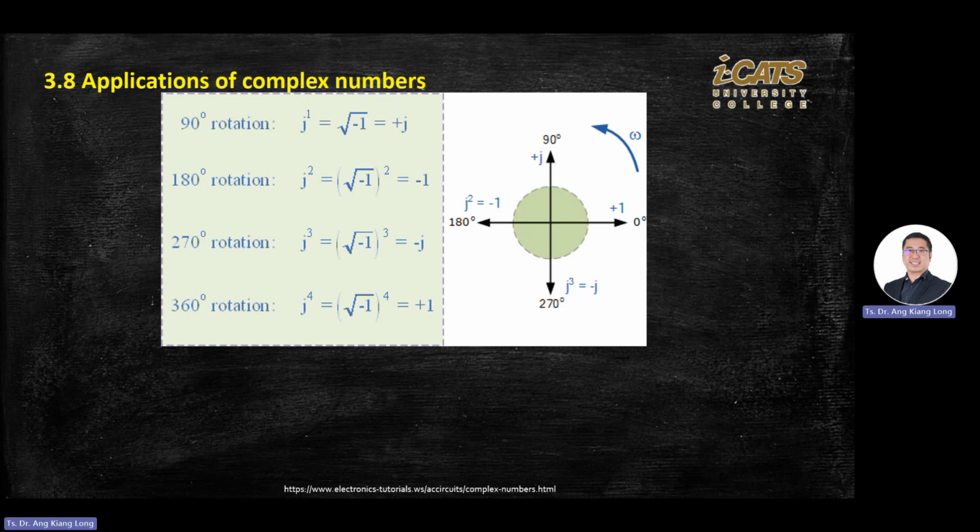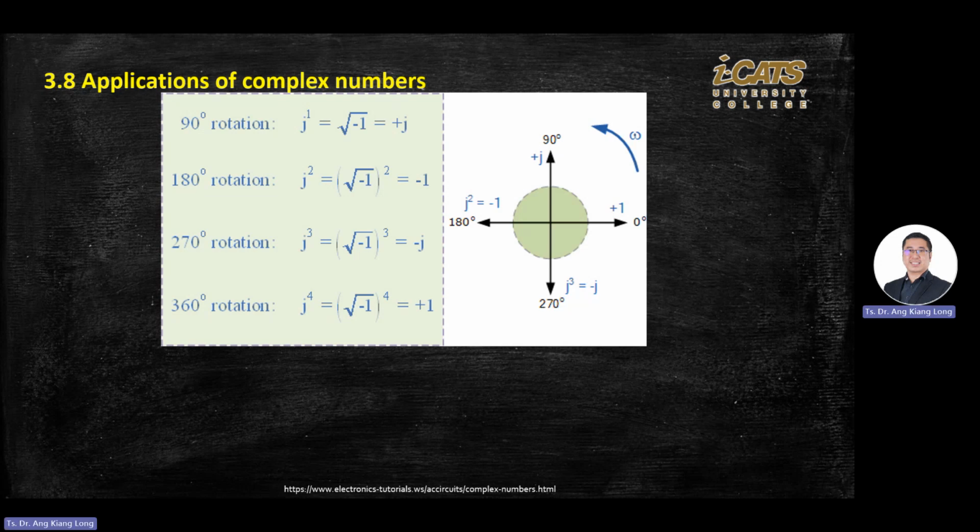Let's say the magnitude is 1. When it shifts up to 90 degrees, you meet positive 1J, which is the square root of -1. Then when it shifts to 180, it's J squared, which is -1.